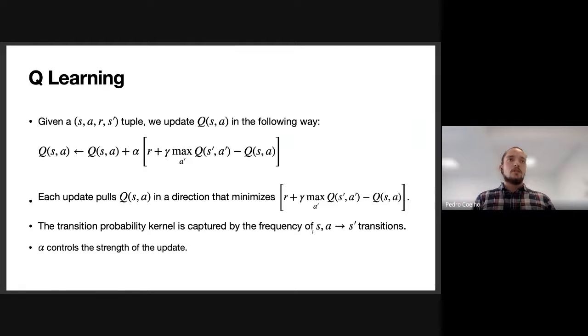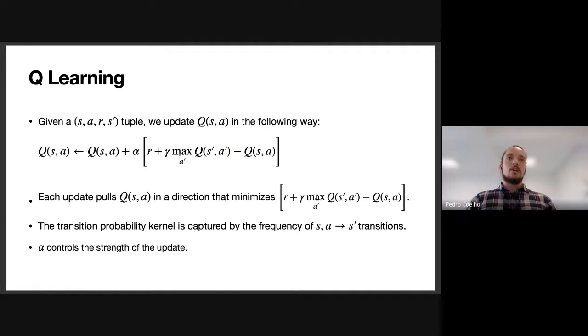If we take a look at the algorithm for Q-learning, instead of having the fixed point iteration, we have an update rule. It's very similar to the Bellman optimality equation. Basically, this is the residual part of the Bellman optimality equation. This is the right term minus the left one.